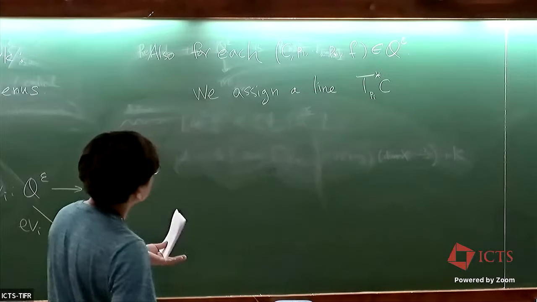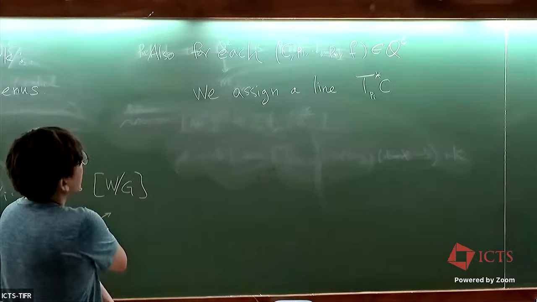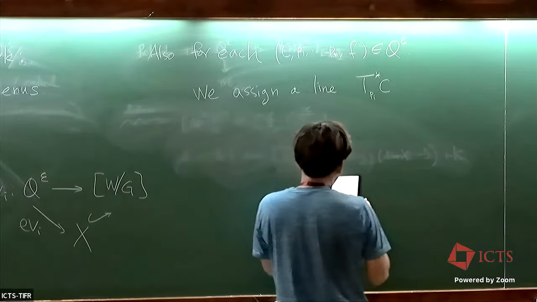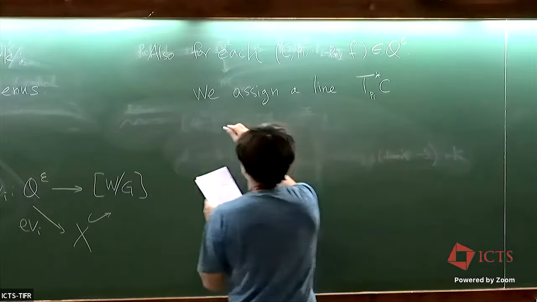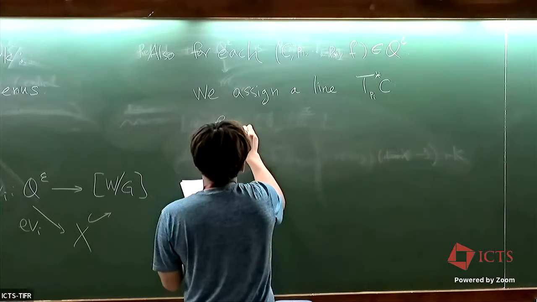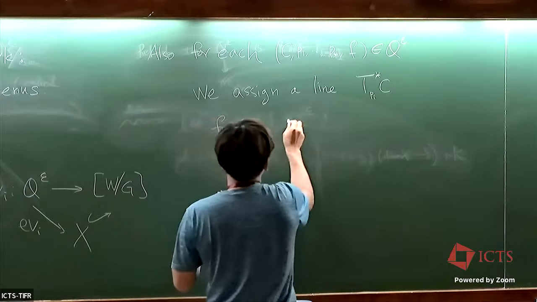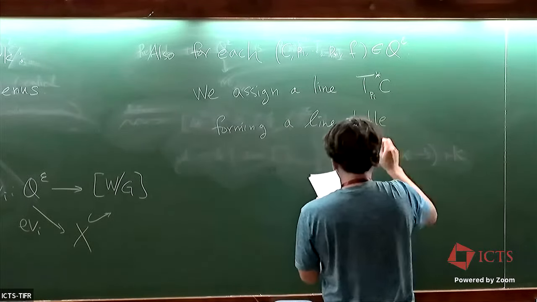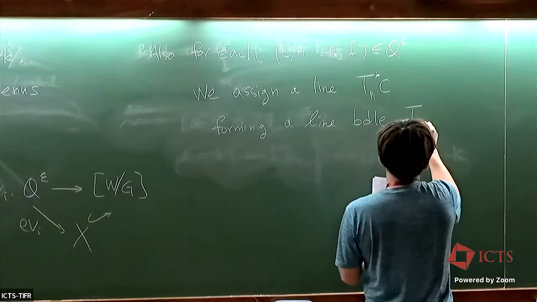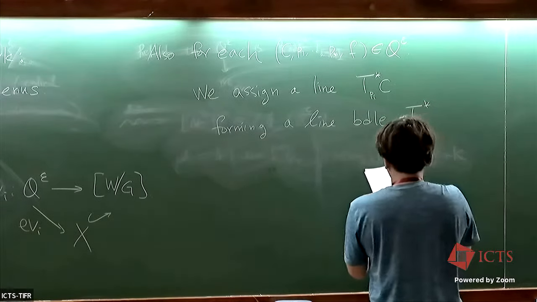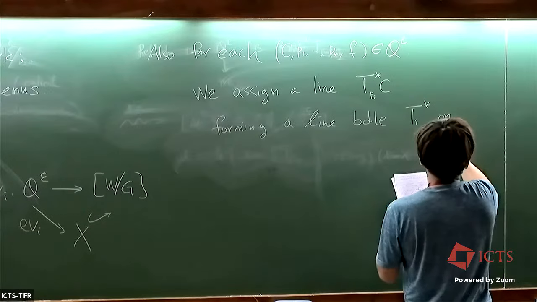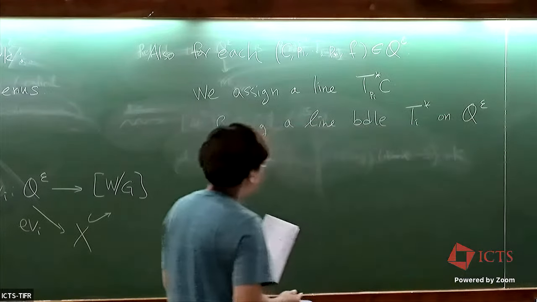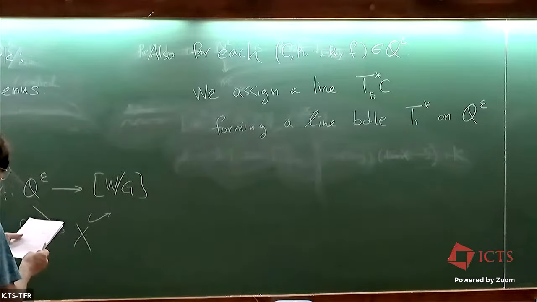We have this complex line for each element, and this forms a line bundle. Let's denote it Ti star, and we have this line bundle on our moduli space Q epsilon.